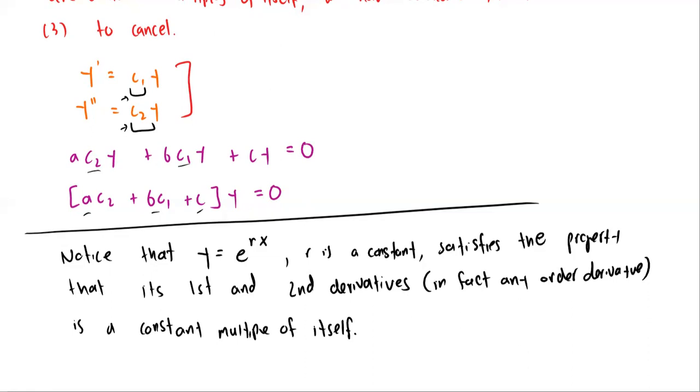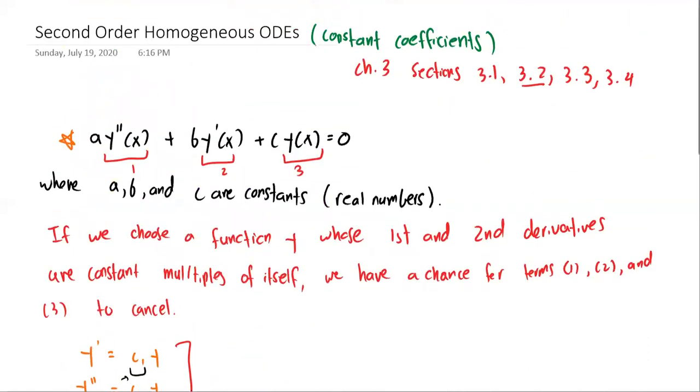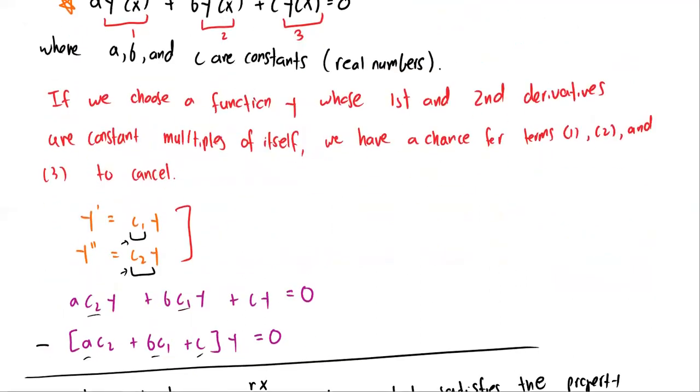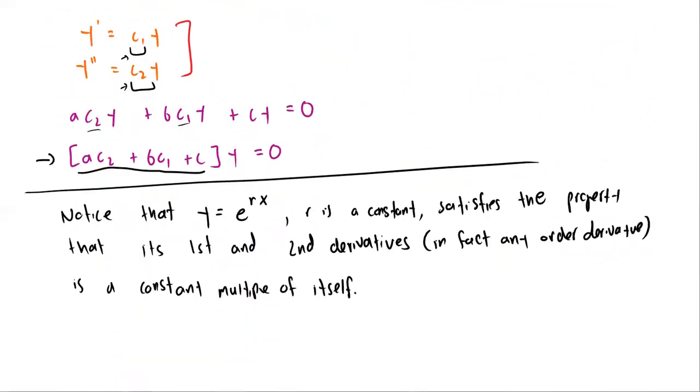So in the previous part, we explained why we are looking for a function whose first and second derivatives are a constant multiple of itself, because if we do that, we have a chance of finding a solution. It's going to depend on this factor being 0. And now I'm telling you that this is one such function that we know satisfies this property.